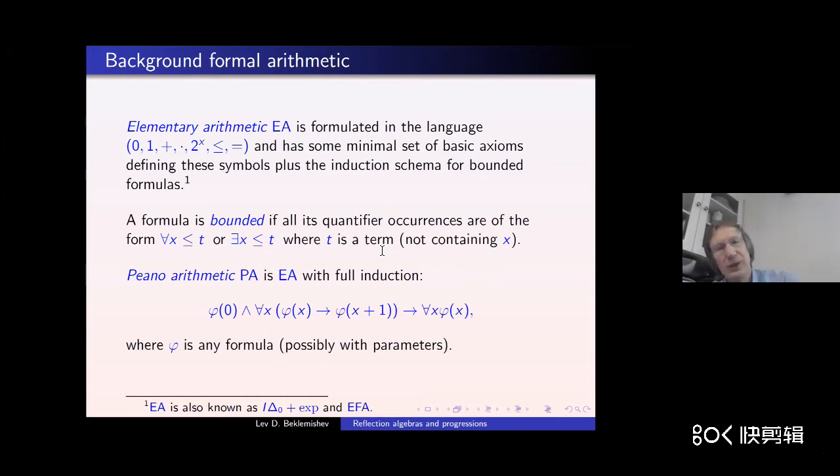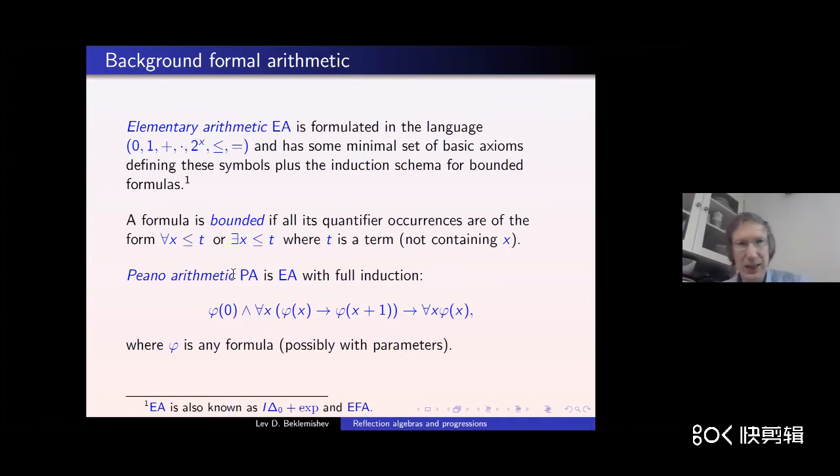One can check whether such a property holds using finitely many steps. One first computes the value of the term t and then checks whether the property holds for all x smaller than that number or not. This is decidable. So nothing uncomputable is expressible by bounded formulas.